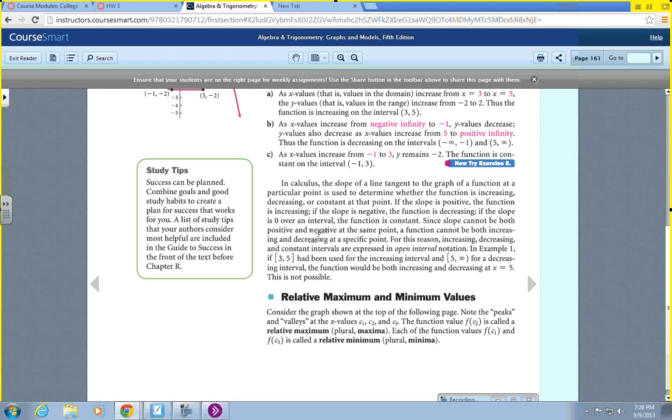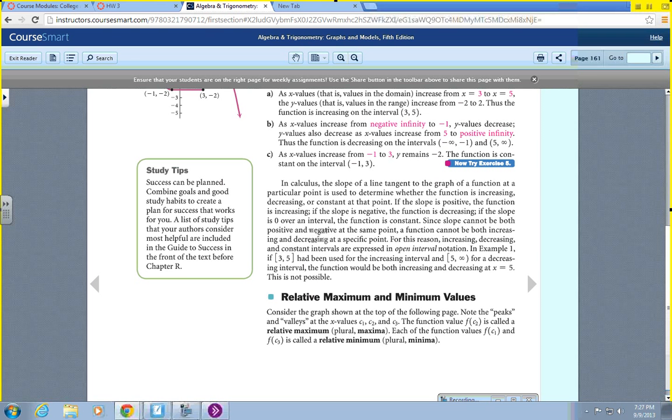Another concept: relative maximum and relative minimum. Again, in college algebra, we'll just want to look at the graph and identify what they mean. Relative maximum means the highest point on the graph in relation to everything in a small neighborhood around it. Highest point on a small interval.